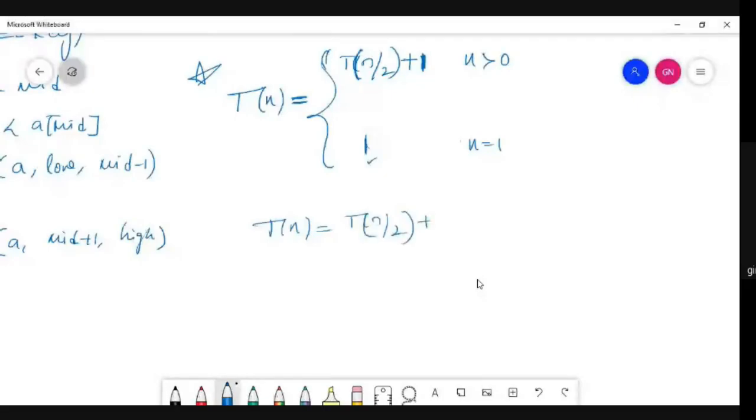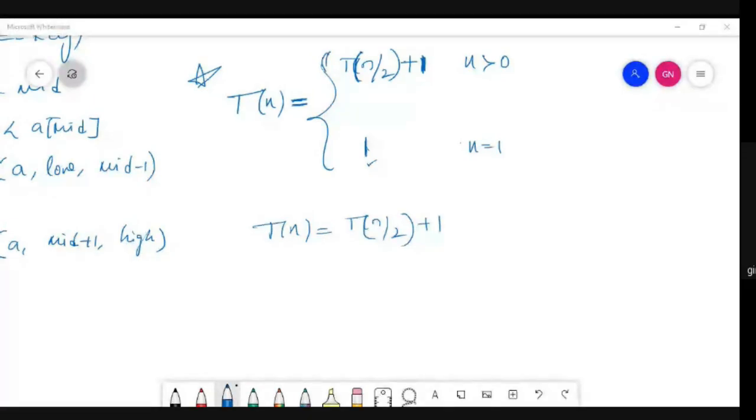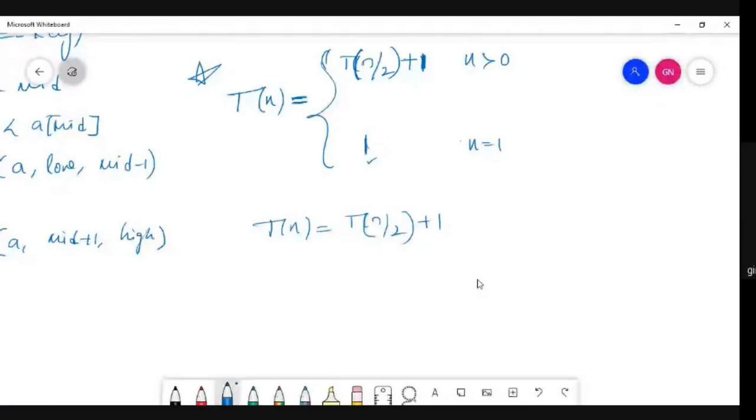Now assume I'll just do it with the master's theorem, right? In this, I'll simply take my general equation: T of n equals a into T of n by b plus f of n, to show you where exactly d remains.